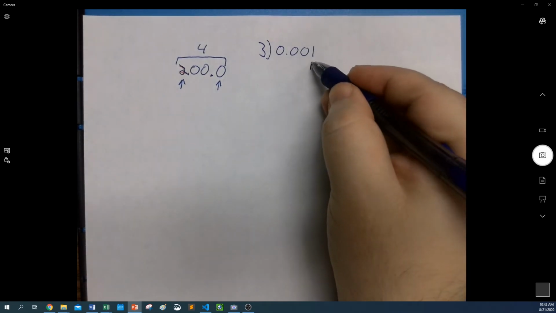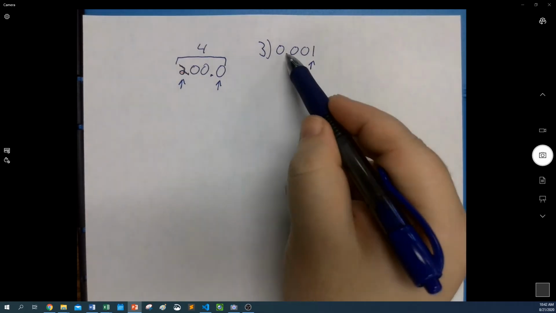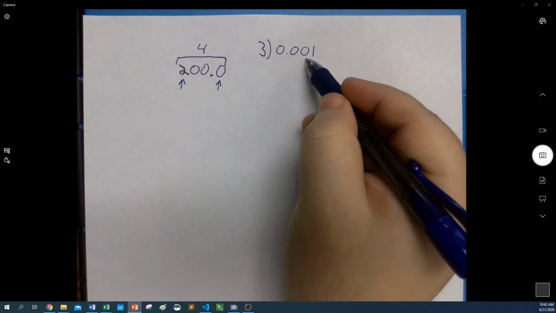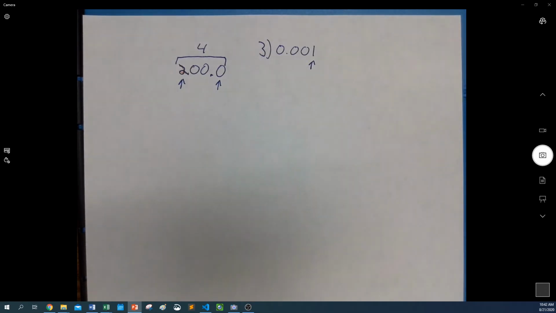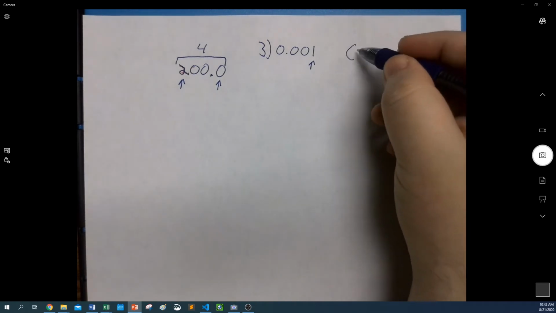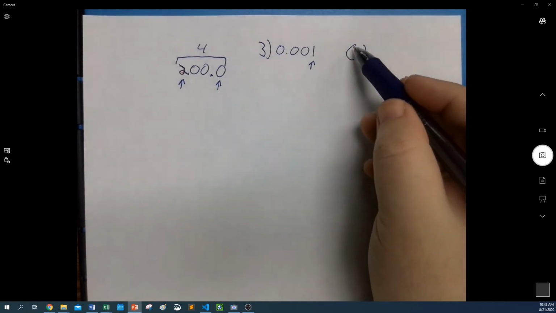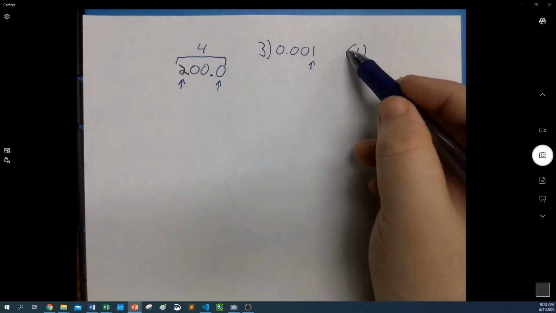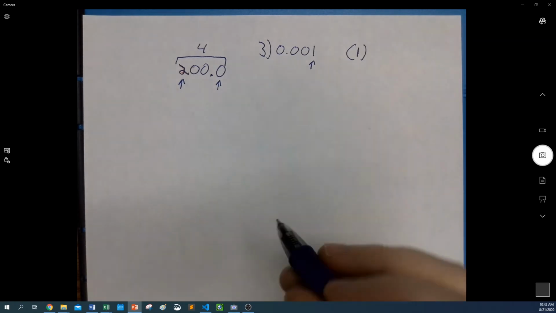So this is our first significant digit, the first non-zero we encounter. We do not include any zero digits that come before it. So this has exactly 1. We usually use this notation to indicate that: we put parentheses around it saying that this has 1 significant digit.